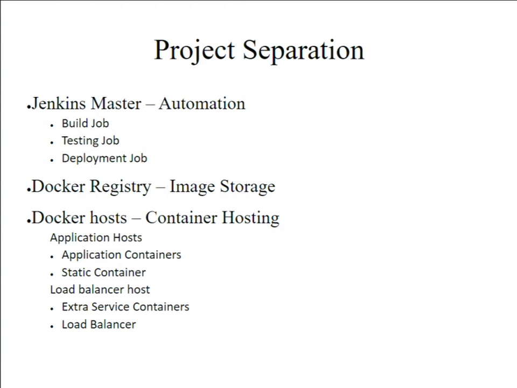So the testing job on the Windows slave opens up a Chrome browser, runs tests against that browser using the CI Linux or Docker host, and then reports on a test file and sends that to Jenkins. Jenkins reads through that test file, makes sure there are no errors, makes sure all the tests pass, and then if all the tests pass, it goes to the deployment job.